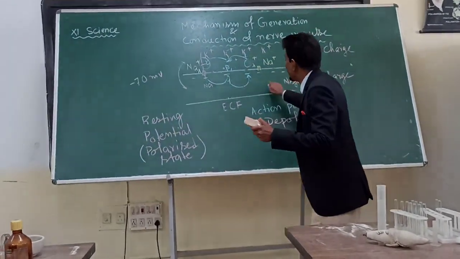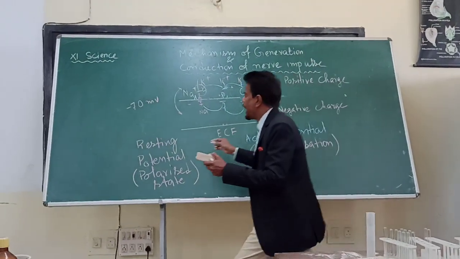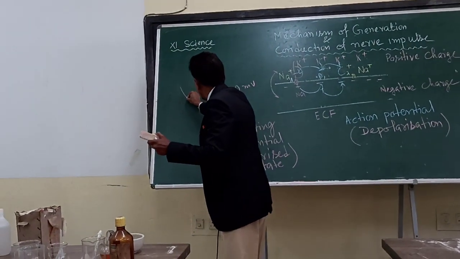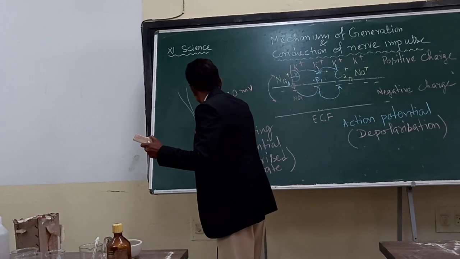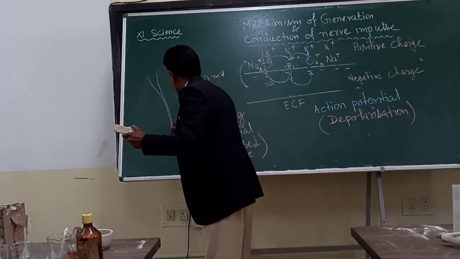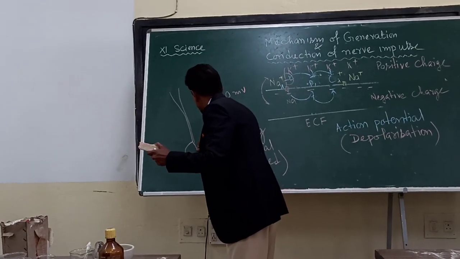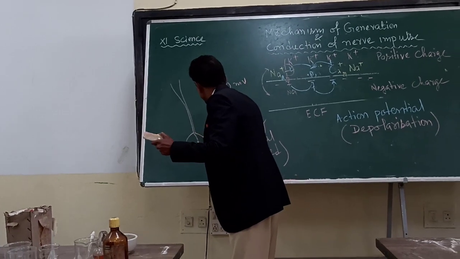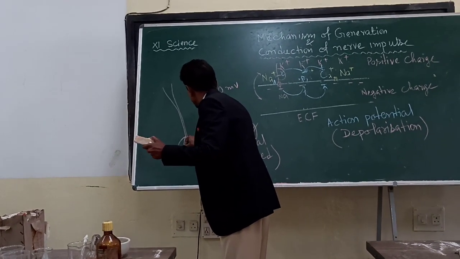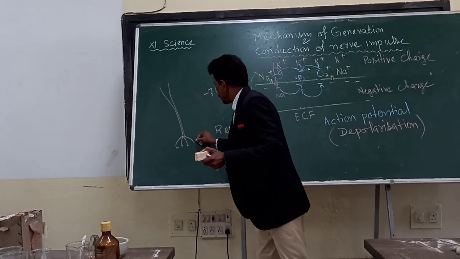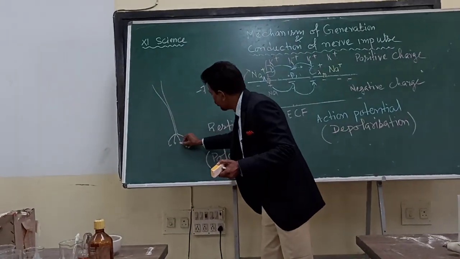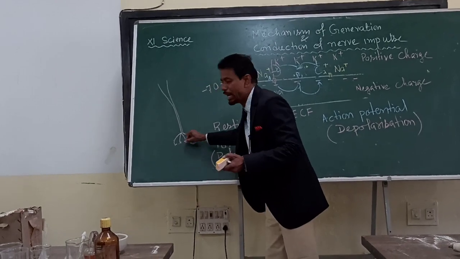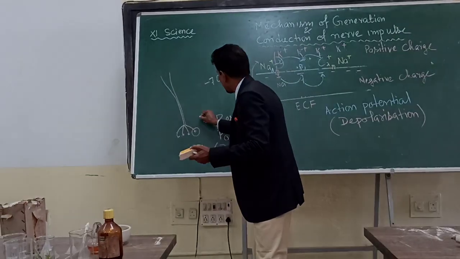Now, when this comes to the end of a neuron, suppose this is the axon of a neuron. This end part of the axon is terminating in the form of a few fibers and a nodular structure, which you call the synaptic knob.